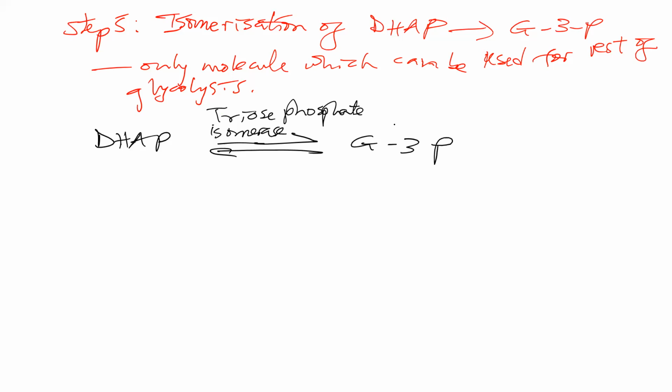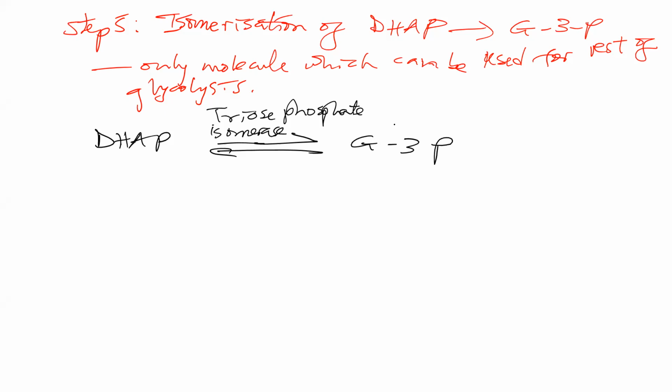So I was saying that triose phosphate isomerase basically just moves the phosphate group from the ketone form to the aldose form.